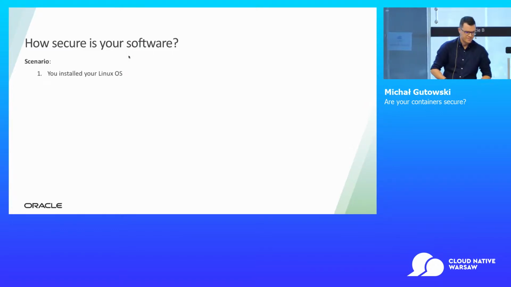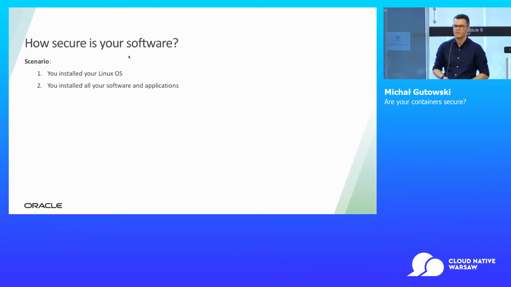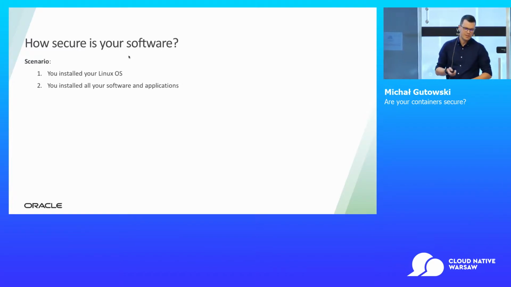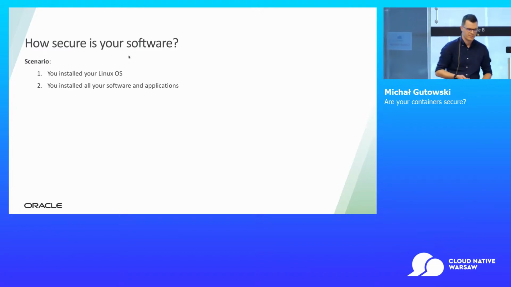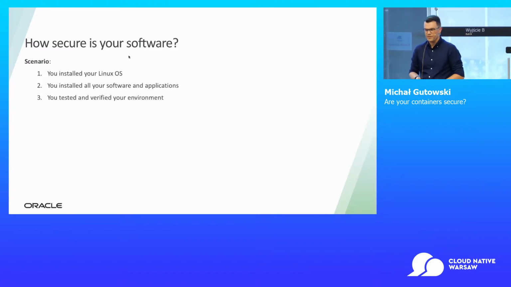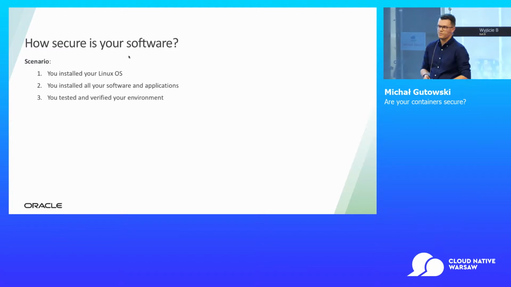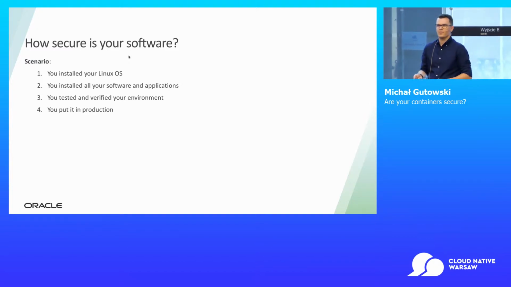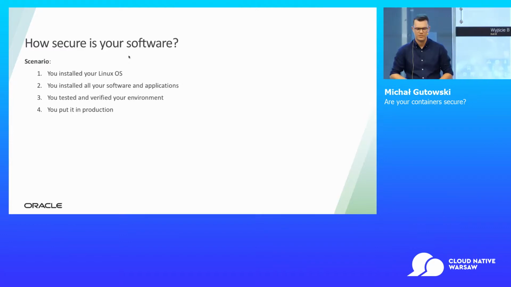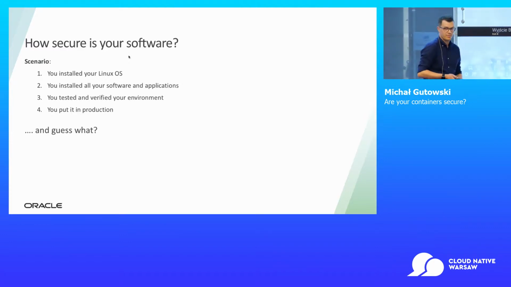Here's a scenario. You are installing your Linux operating system. You install your software and the application that you are deploying. You are testing it, and you are verifying that everything works okay. And you put it in production. That's the scenario that we all know. And guess what?